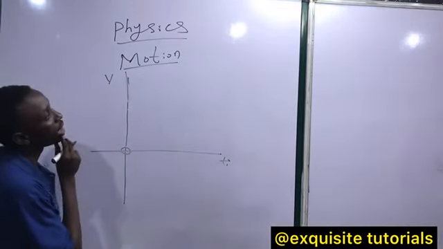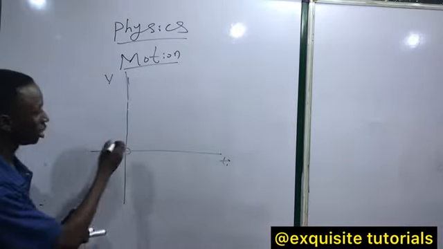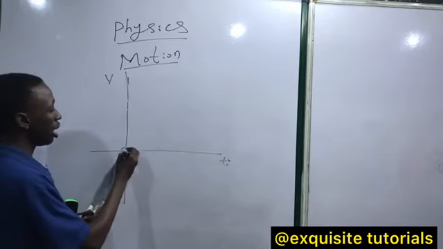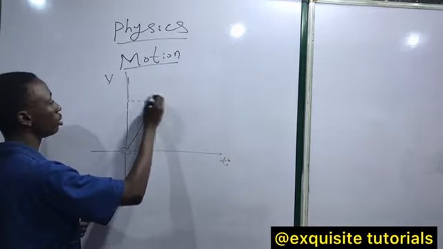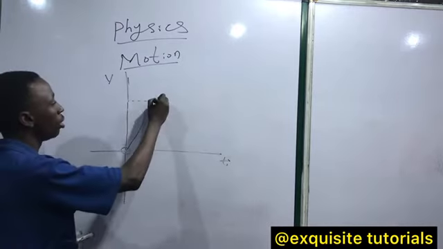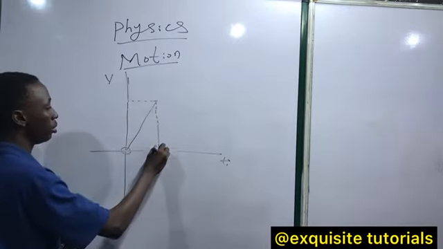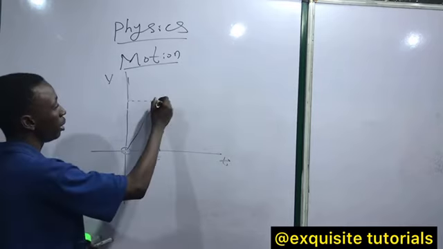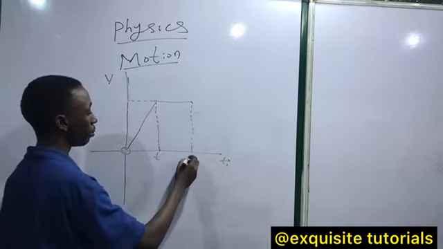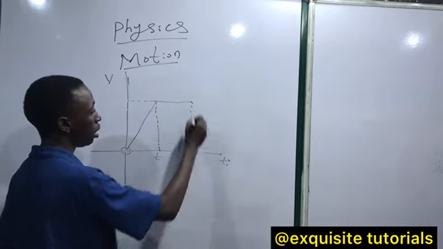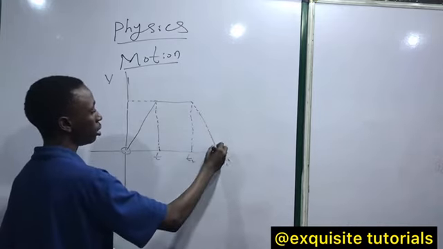Now let's say the body starts from rest and accelerates to a certain velocity for a particular time. The body continues with that velocity for another given period of time, and then decelerates at the end.